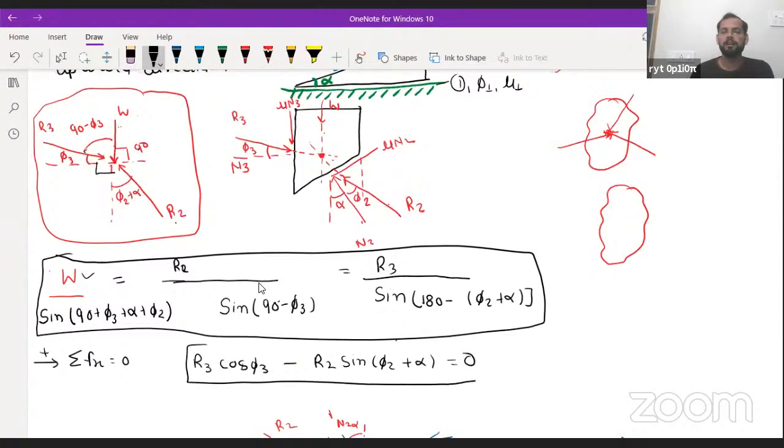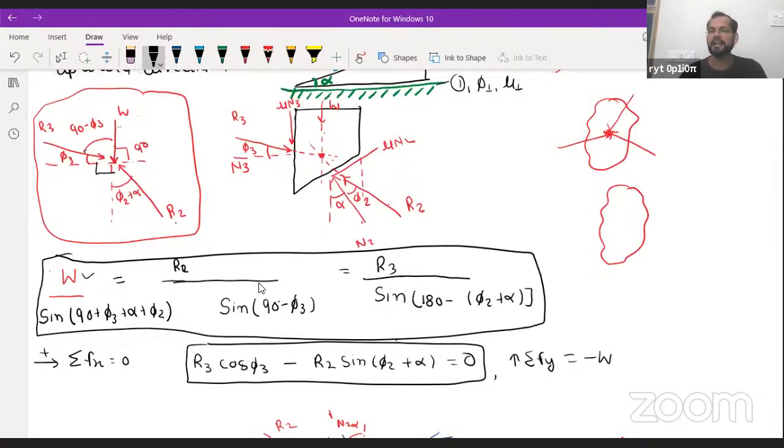Fine. Now, what about the Fy? If you want to write Fy also, then how can you write it? We are considering upward as positive.